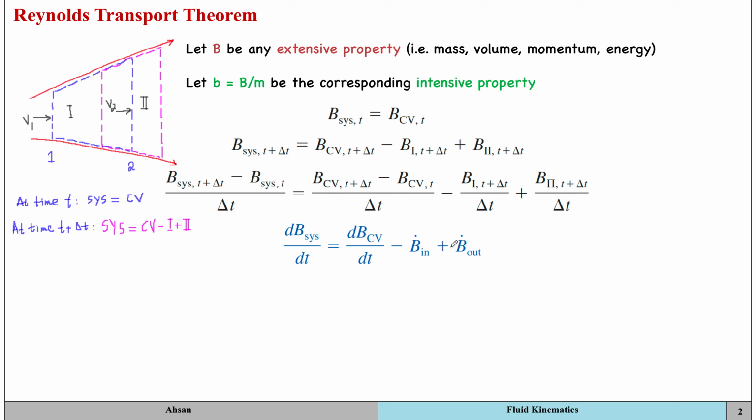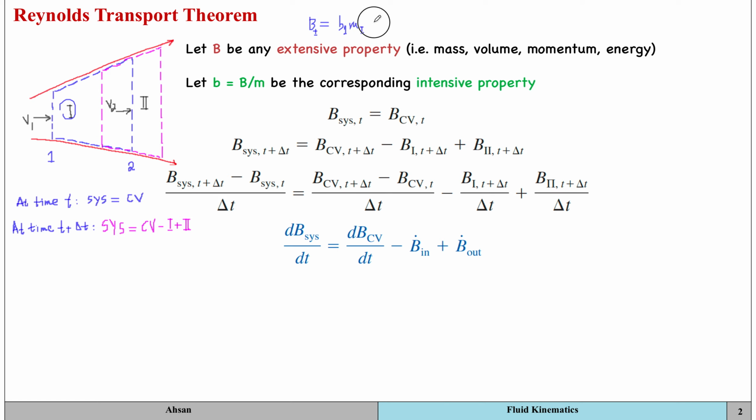Now let's try and find these terms B dot in and B dot out, and to do that, I'm going to write this capital B in terms of the small b. If I'm looking at this section 1, and because we're looking at time t plus delta t for this one, it's going to be equal to b at 1, whichever property that is, multiplied by the mass of this section 1 at time t plus delta t.